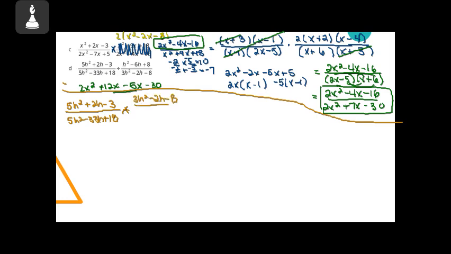So number 1 is this one here. I'm going to pull it down. 5 times negative 3 is negative 15. So 2 numbers multiply to make negative 15, add to make 2. So 5 minus 3. So 5h squared plus 5h minus 3h minus 3.